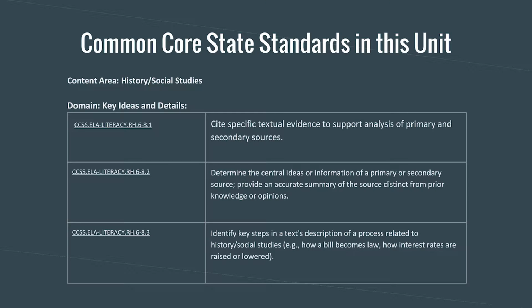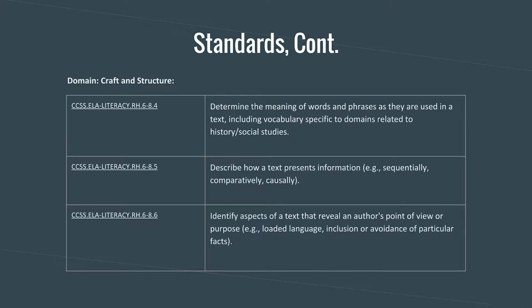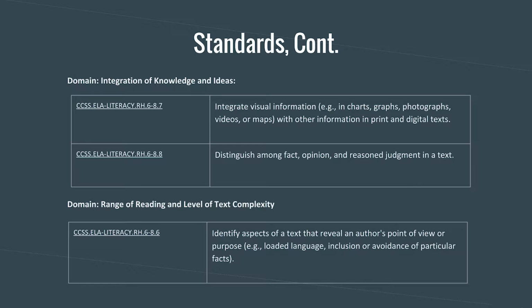Okay, so the Common Core standards that we're going to be covering in this unit mostly revolve around our key content area of history, but also in our reading and speaking and listening in other areas. So in our history area, we're going to be covering things obviously dealing with primary, secondary sources, steps in how something becomes history or a bill becomes a law, determining the meaning of words and phrases, how text presents information, integrating visual information, aspects of the text that reveal an author's point of view.